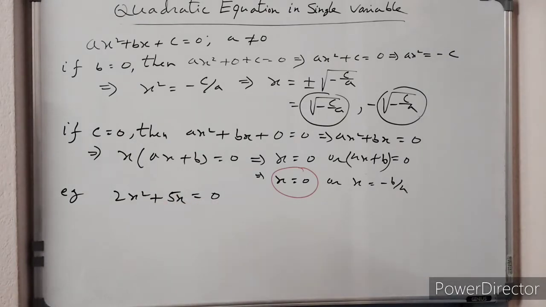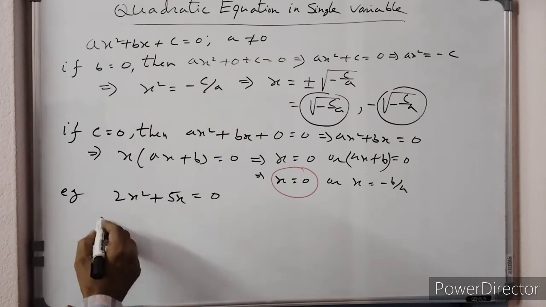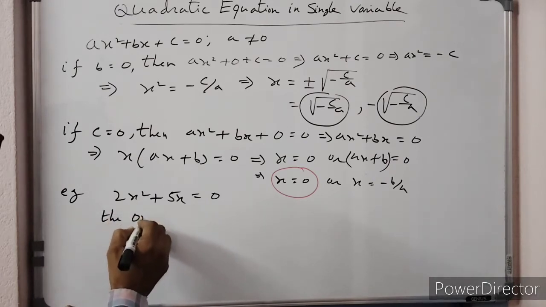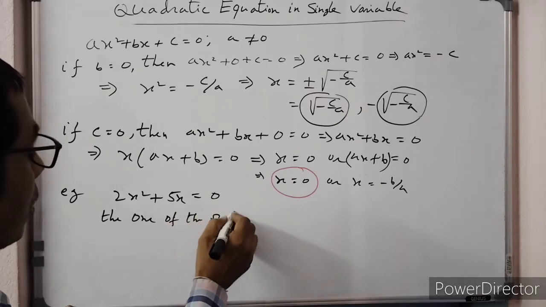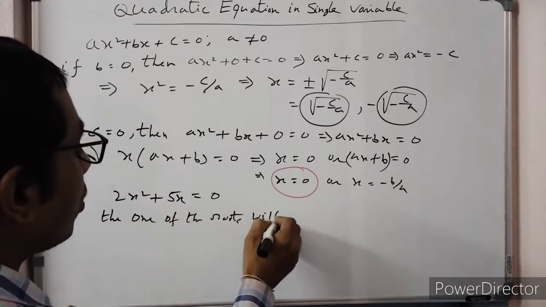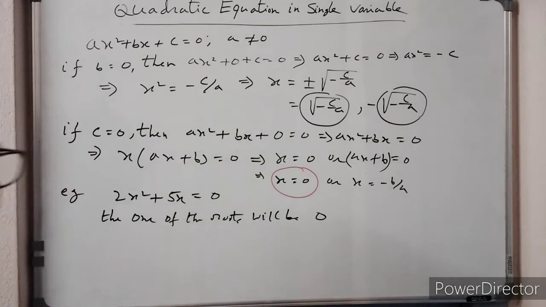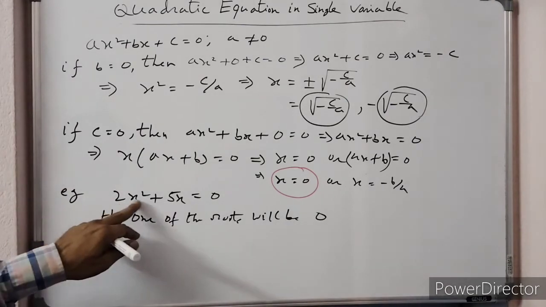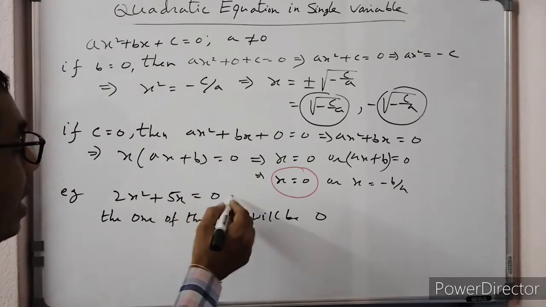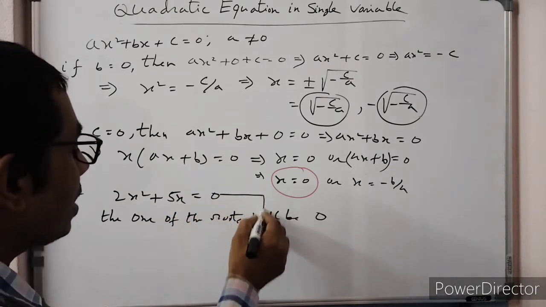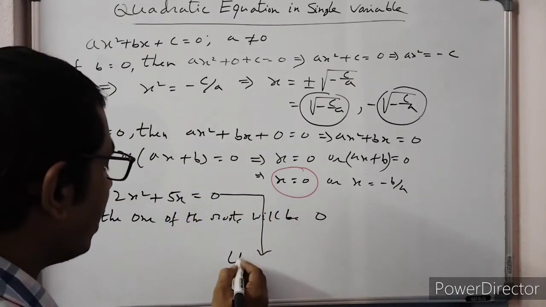Then from here, one of the roots will be 0. How? 2x square plus 5x equal to 0. There is no constant term.